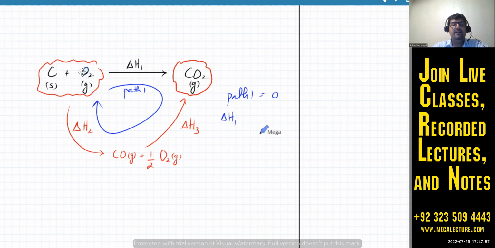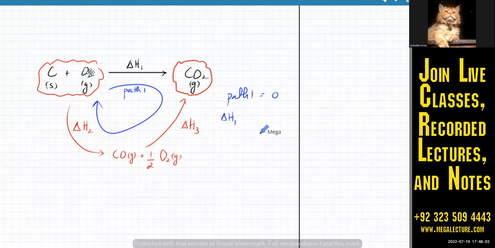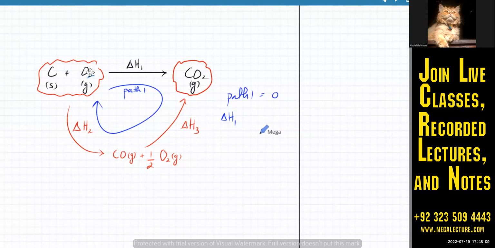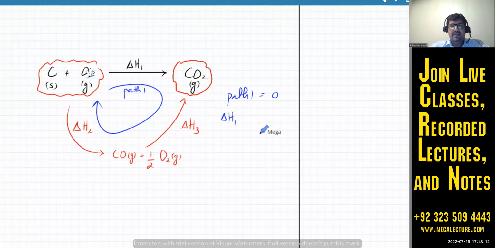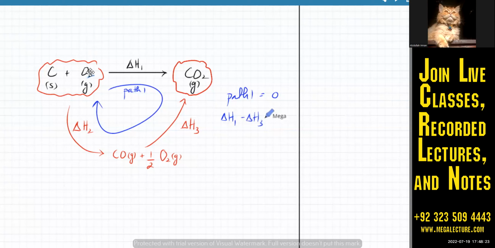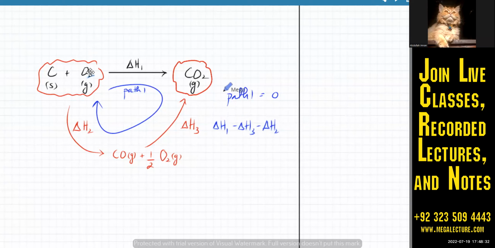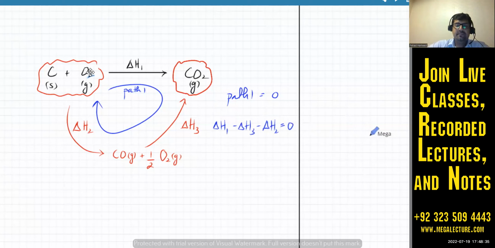But the point is that the reason this entire path is equal to 0 is that you started at carbon and oxygen, right? In between you did a lot of things, but at the end of the day, you still have carbon and oxygen. So overall, what did you do? Overall, you didn't do anything. So if you didn't do anything, the enthalpy change would be 0. That means delta H1 minus delta H3 and minus delta H2, all of that is going to be equal to 0.